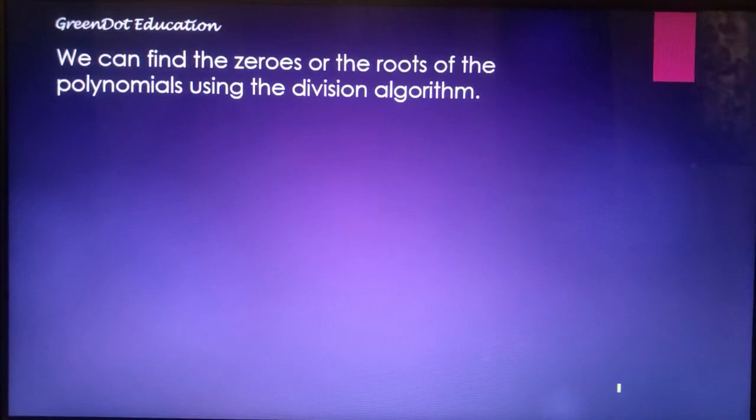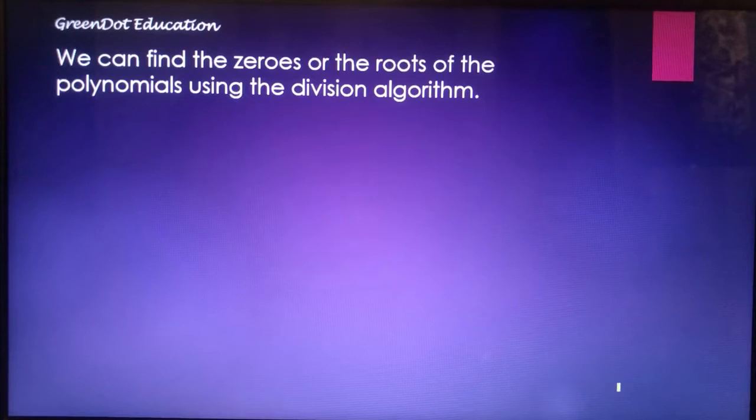Then we move to another concept, that is the use of the division method. By using this division algorithm, we can find out the zeros of polynomials having degrees higher than 3, right? We have learned in our last videos how to find out the zeros of polynomials having degree 1, 2 and 3, that is linear, quadratic and cubic polynomials.